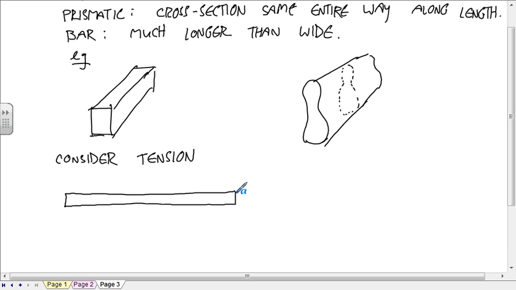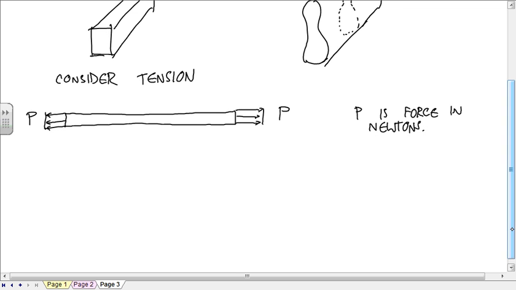And we'll deal with states where we think of this bar as having distributed loads applied at the ends. And these distributed loads add up to a load P, to a force P. So first, you have to choose a coordinate system.